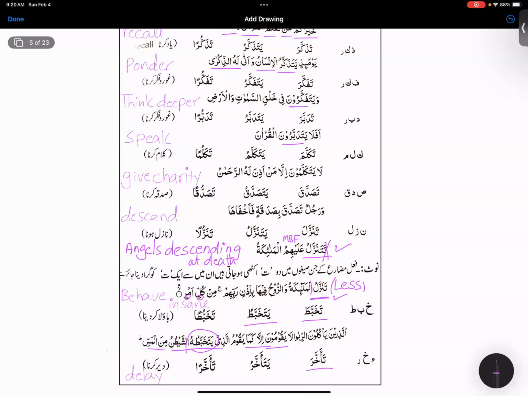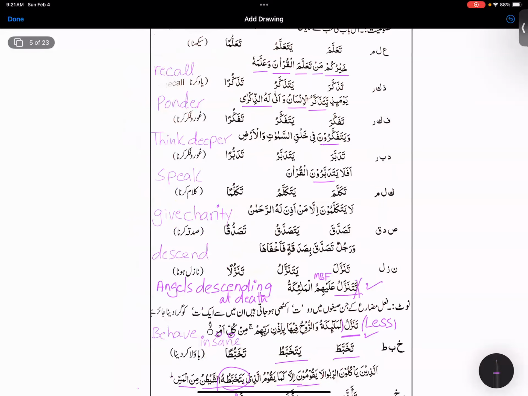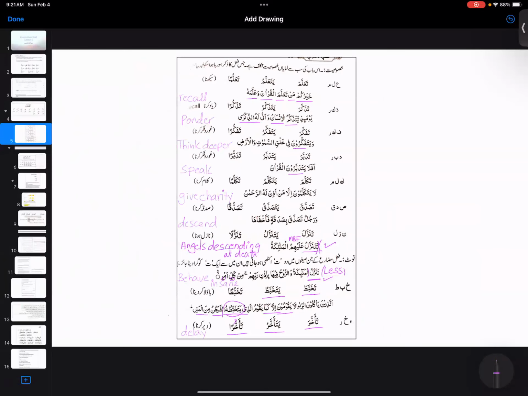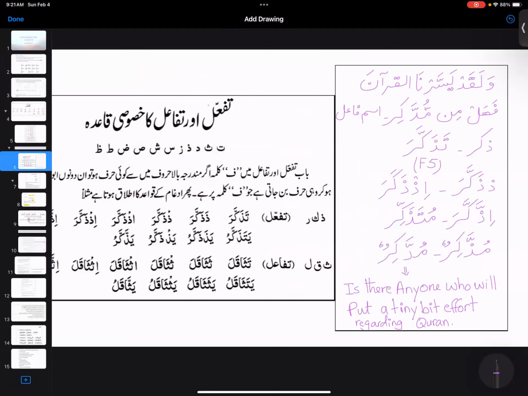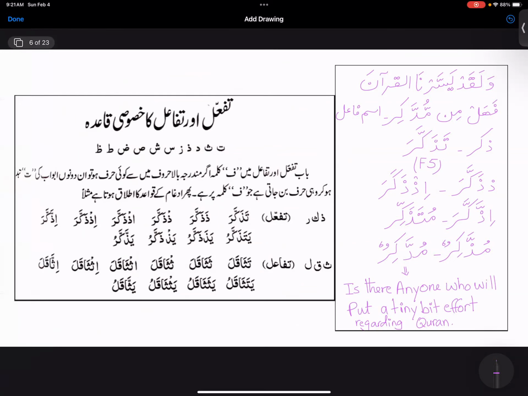Then ta'akhara, yata'akharu, and ta'akhuran. Delay. To make delay. Ta'akhuran. Okay, so now one more thing we need to learn about this family and family 6.